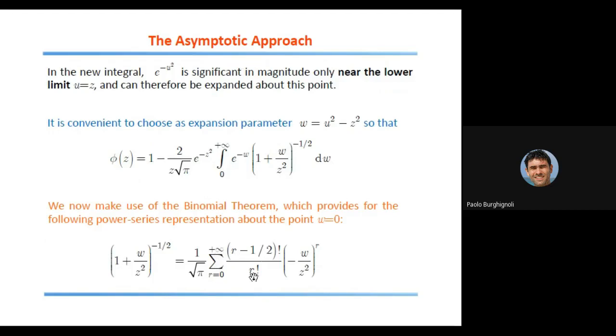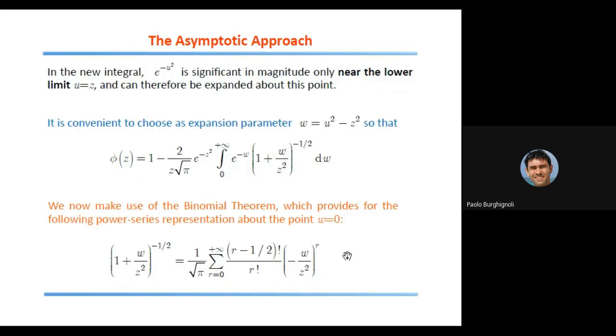Then there are two factorials, r minus 1/2 factorial divided by r factorial, and then there is a power of minus w over z squared. So this is actually a power series in inverse or negative powers of the variable z.